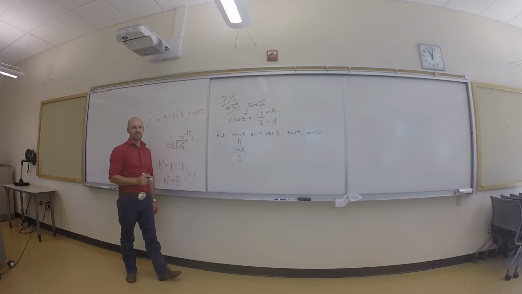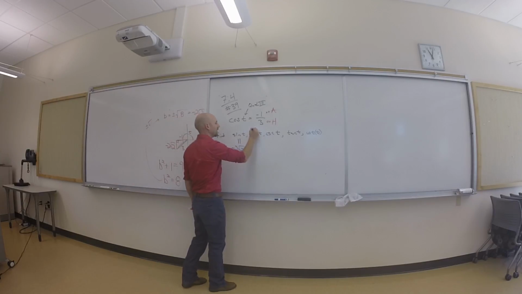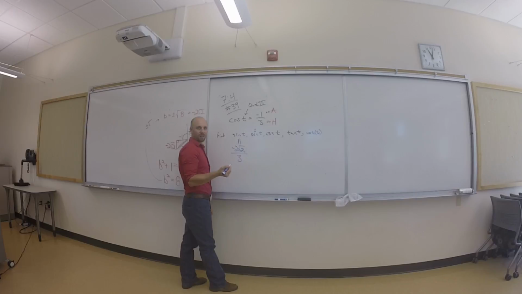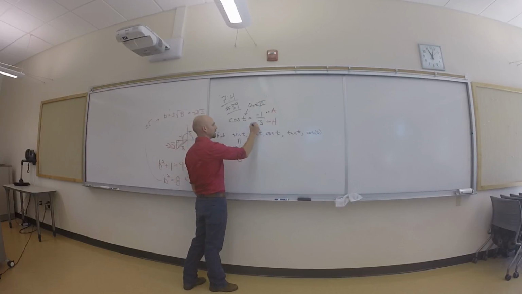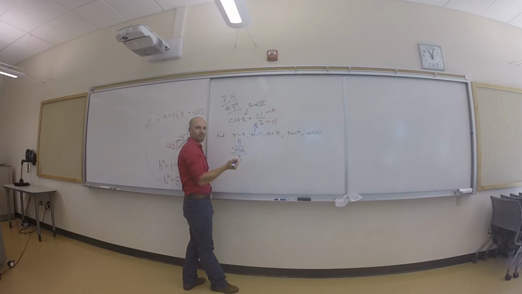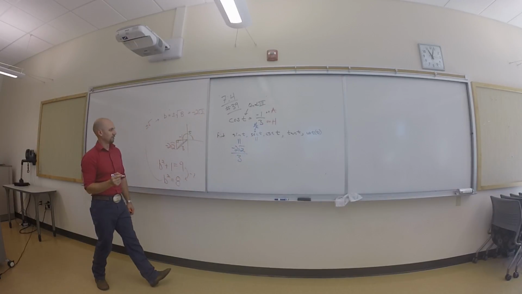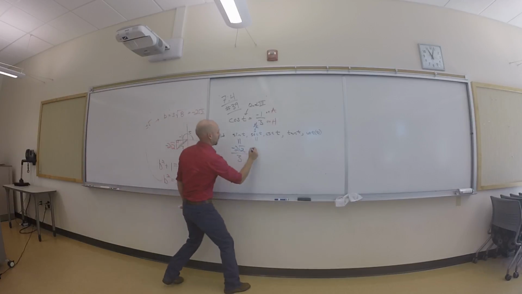Okay, what's the secant? That's 1 over cosine, so it's the hypotenuse over the adjacent. So I get the hypotenuse 3 over -1.